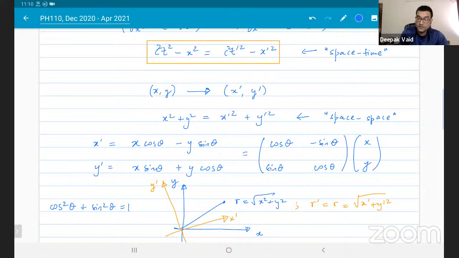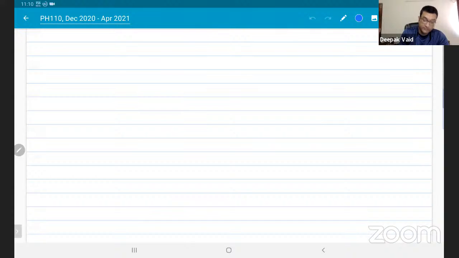Now, when we look at ordinary space, what happens when I perform a rotation? Let's say I have 2 points, x1, y1 and x2, y2. Now I can define the distance between these 2 points.